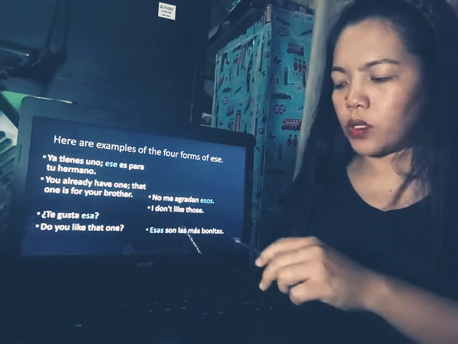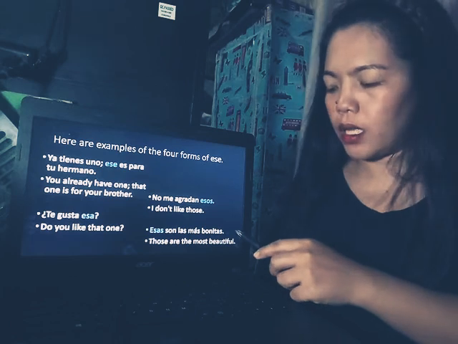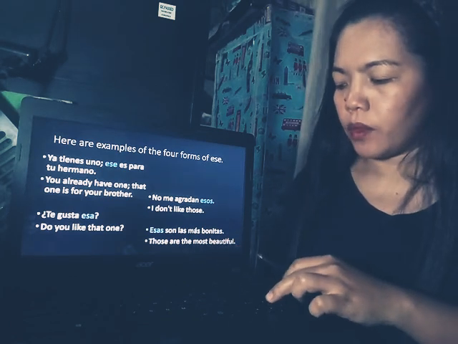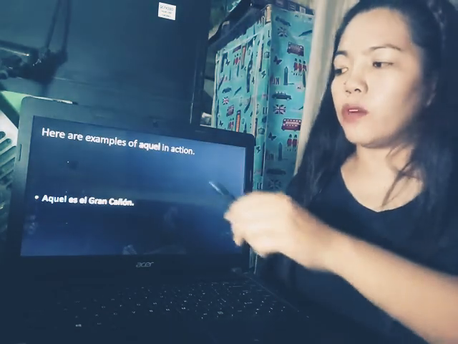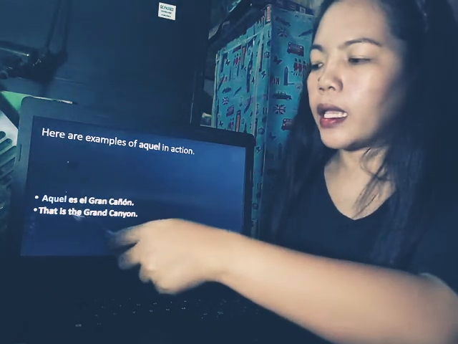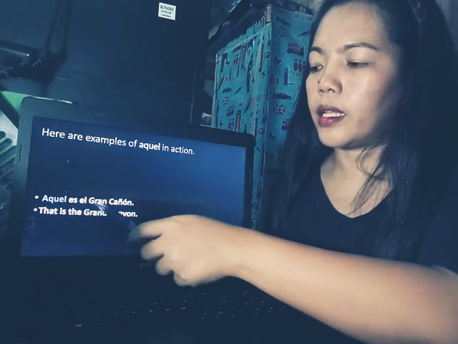Next, esas son las más bonitas. So those are the most beautiful. Bonitas. Another example of aquel in action. You could say, aquel es el Gran Canyon.